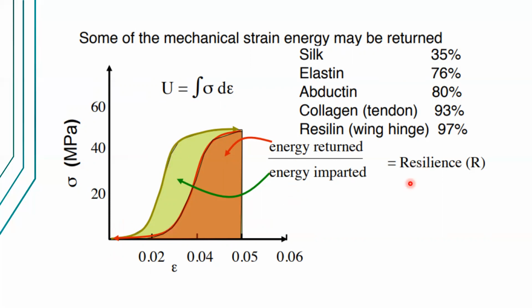But the ratio of the energy returned over the energy imparted to the material, we can call in this case the coefficient of resilience, and it's expressed in percentages. And you can see that collagen and resilin, which is found in your wing hinges, are among the most resilient materials in nature.